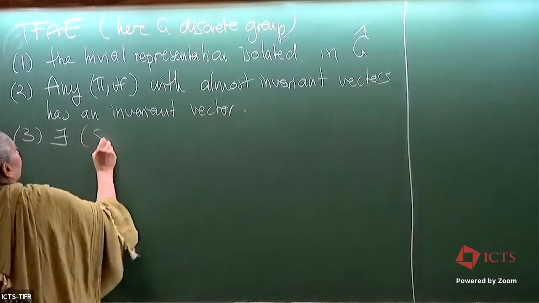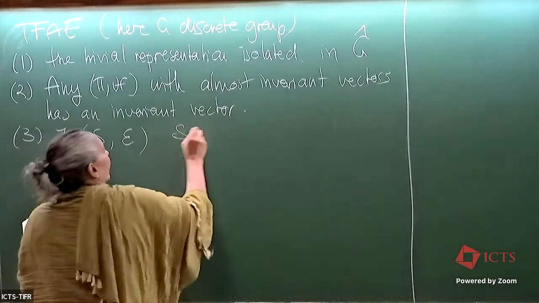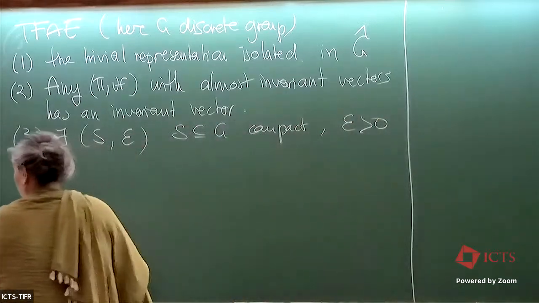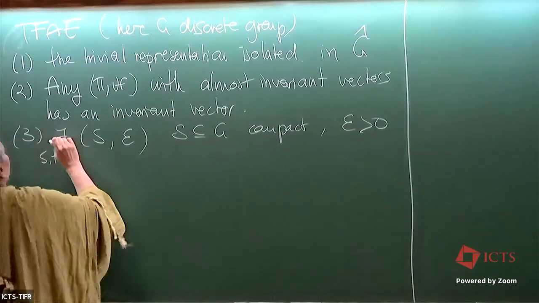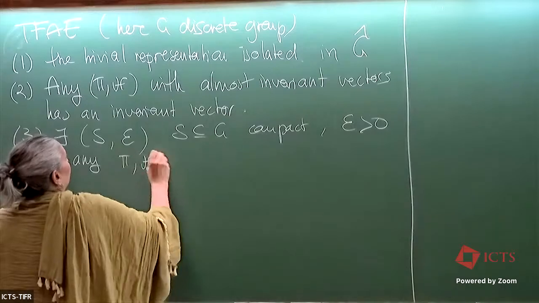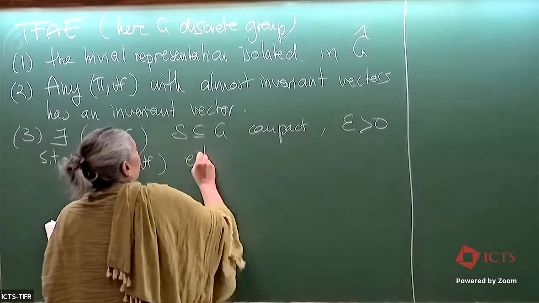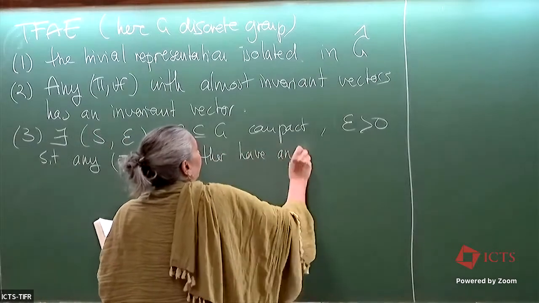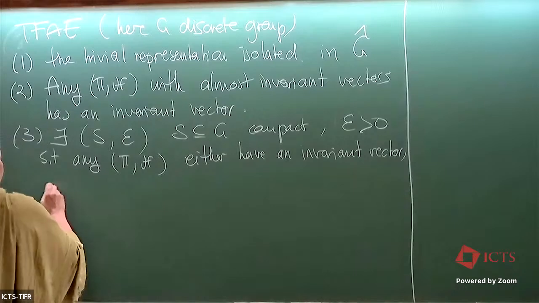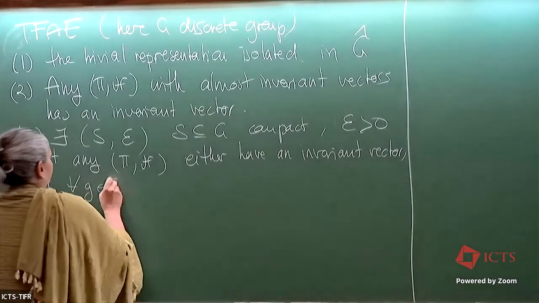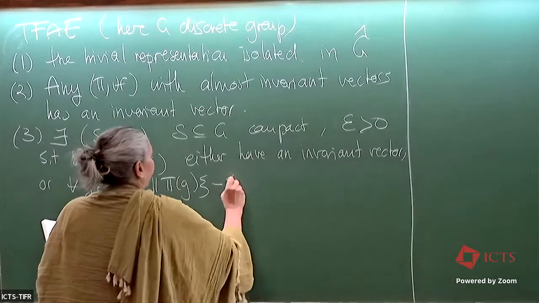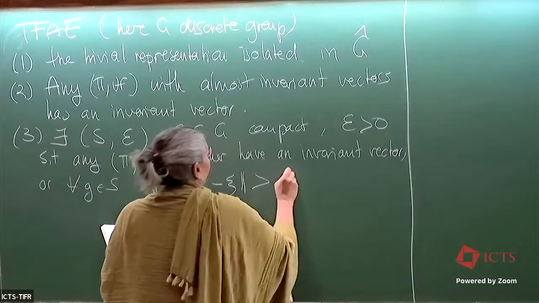There exists S, epsilon, where S contained in G is compact and epsilon greater than 0, such that for any representation, either you have an invariant vector or for any g in S, the displacement of the unitary representation of any unit vector is greater than epsilon.